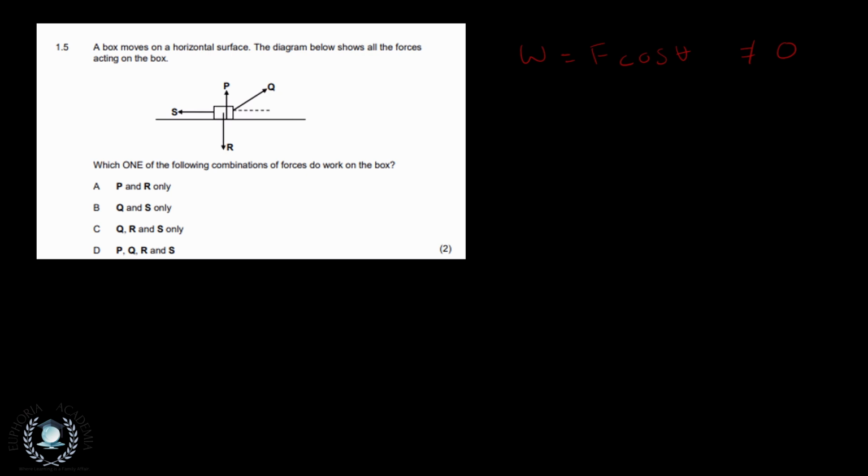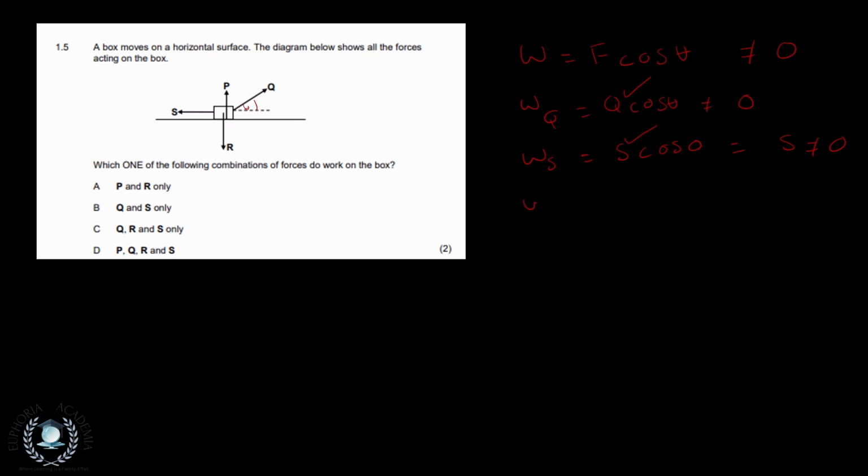Right? So in this case, work for Q will be equal to our Q cos, that will give us some angle there, so that is not 0. So Q gives us work, and then for S, we're going to have S cos, now the angle there will be 0, and cos of 0 is equal to 1, so that will be equal to S, which is a non-zero work, so S will give us work.